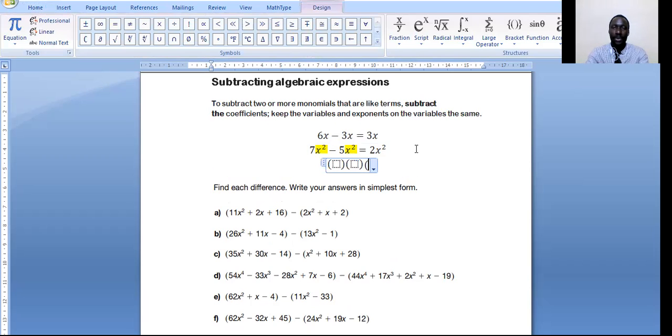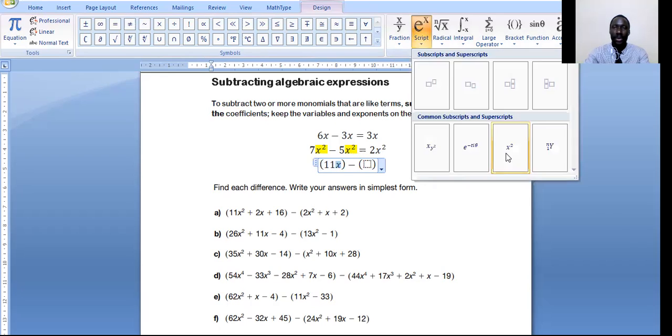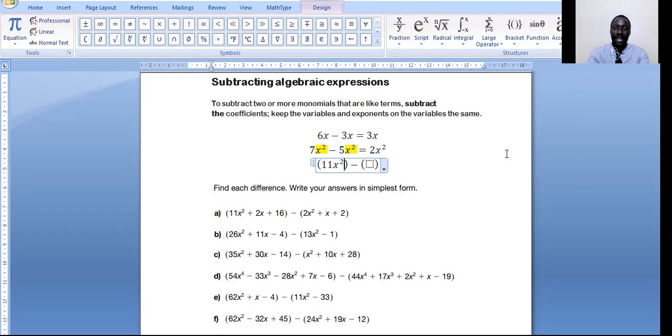Right. So we have a minus sign here. Then we have 11x squared, okay, we got 11x squared. We also have 2x. Then we have 16.